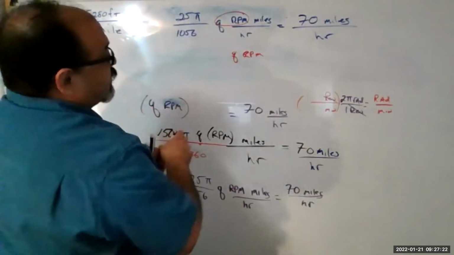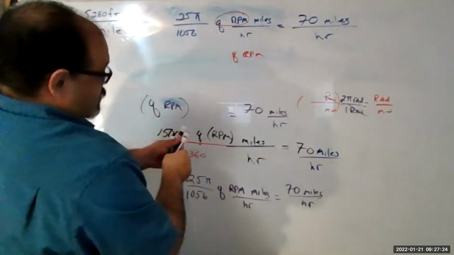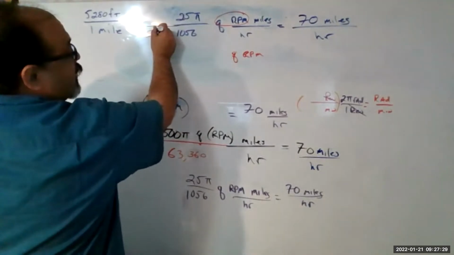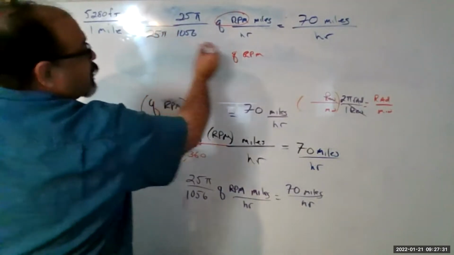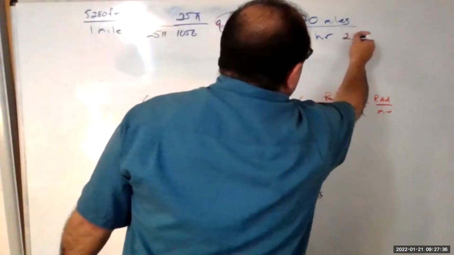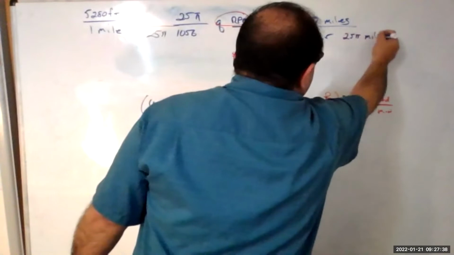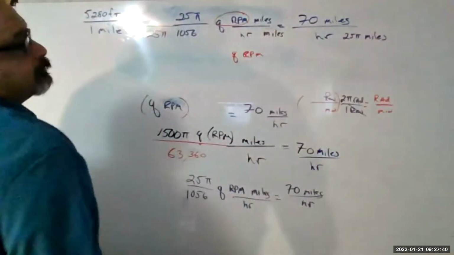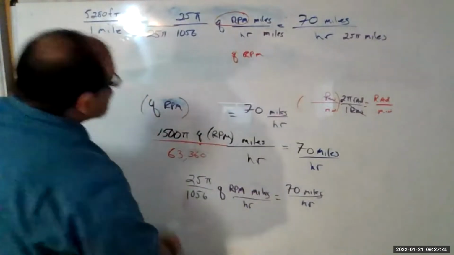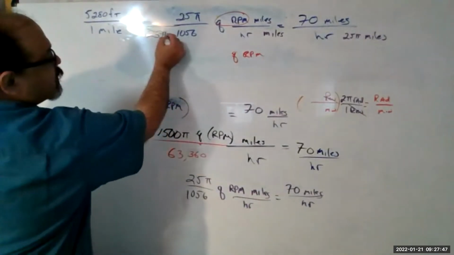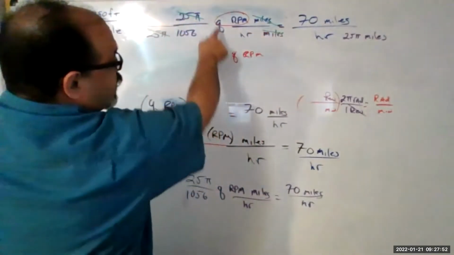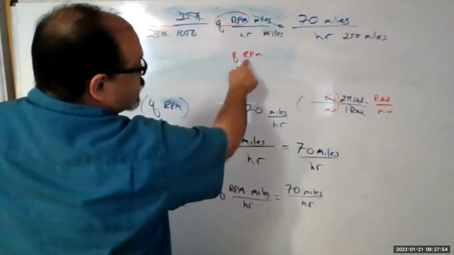That means I have to divide both sides by 25 pi and miles on this side, and over here 25 pi and miles. So this reduces nicely, and miles reduce nicely, and all I have left in the numerator is Q times my RPM.